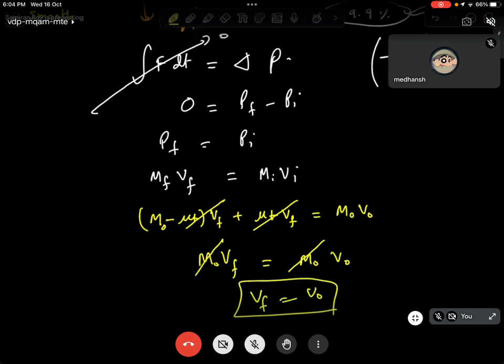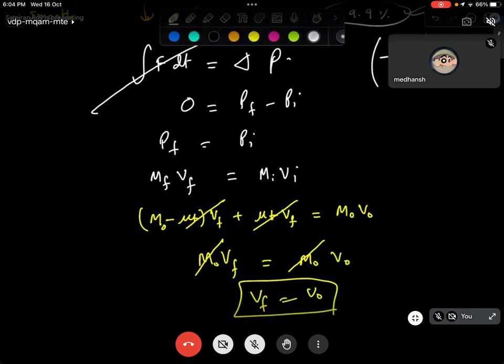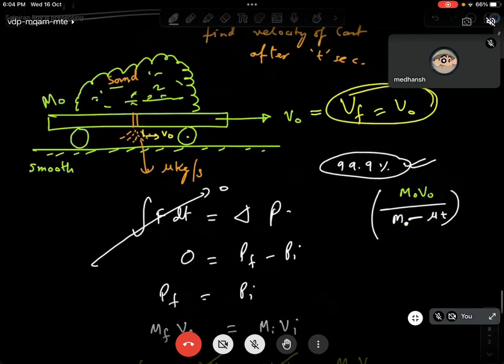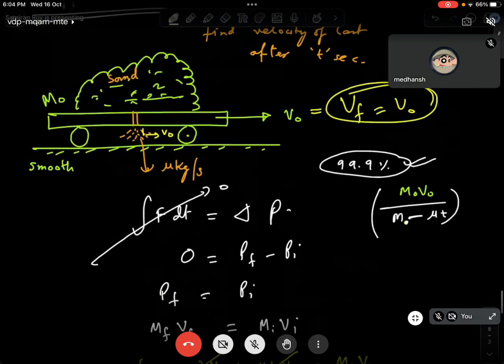Sir, you have done it mathematically, but it's not making sense. Why is it not making sense? Look, whatever mass is falling, don't think that its velocity becomes zero. See, if you drop any stone from a moving train, will the velocity of the stone become zero? If the velocity of the stone becomes zero, then obviously the velocity of the train will increase.